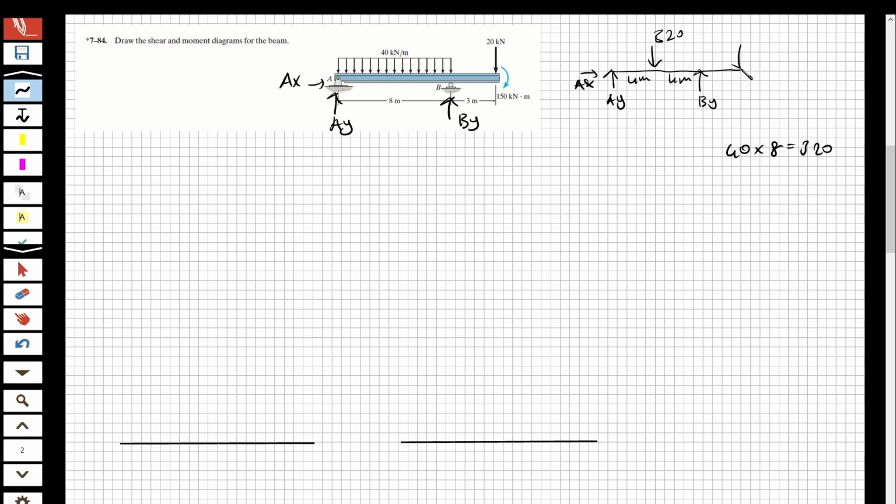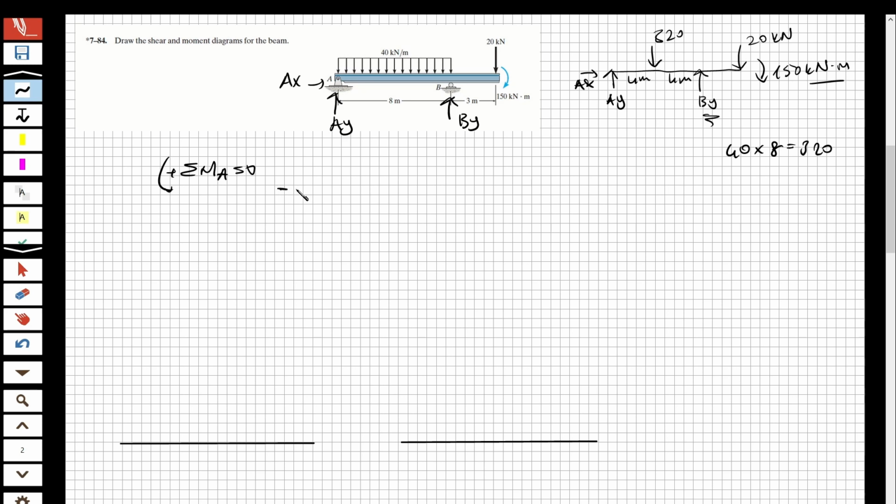And I have a force here, 20 kilonewton. I have a moment here, 150 kilonewton meter. Okay, so now when I take the moment with respect to A, I'm going to obtain the BY. So let's take the moment with respect to A, moment at A equal to 0.